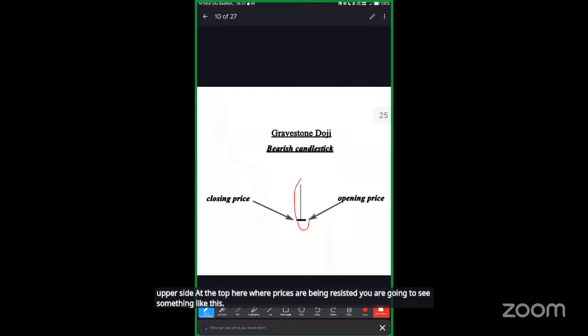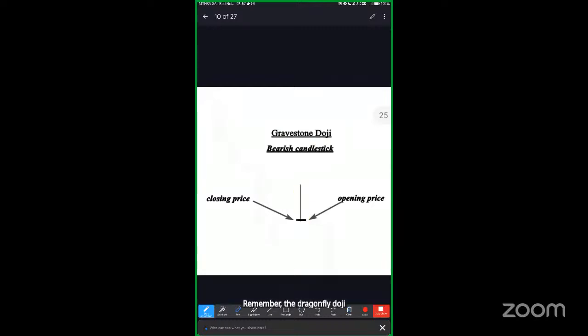Remember the Dragonfly Doji, this long tail is at the bottom here. While a Gravestone Doji has this long tail at the upper side, signifying selling pressure. When you see a candle with a long upper shadow, that is the significance of selling pressure.